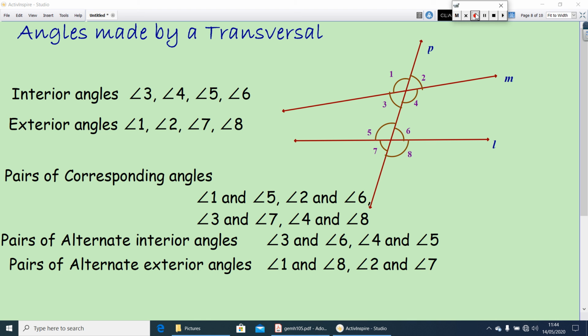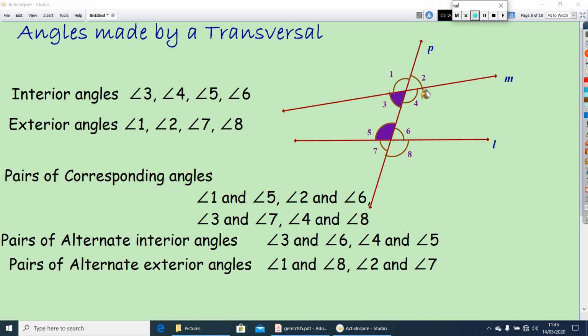Now can you find out the angles which are interior and on the same side of the transversal? What are they? One pair I will show, angle 3 and angle 5. These two angles are on the same side of the transversal and interior of lines L and M. This type of angles we can call pairs of interior angles on the same side of the transversal.